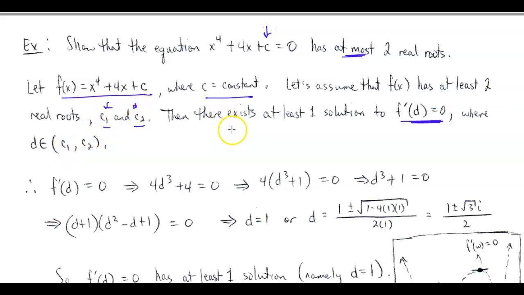Essentially, what we are doing is quoting Rolle's theorem again. Okay. So what's not being said here is that since we want to find out where we have x-intercepts, we're assuming that f of c1 and f of c2 are both going to be 0 here. Okay.